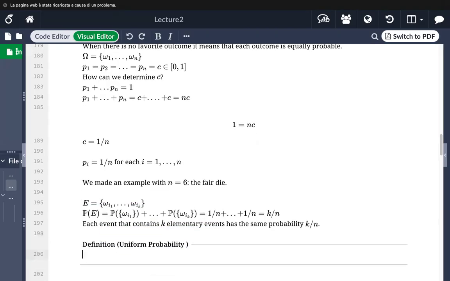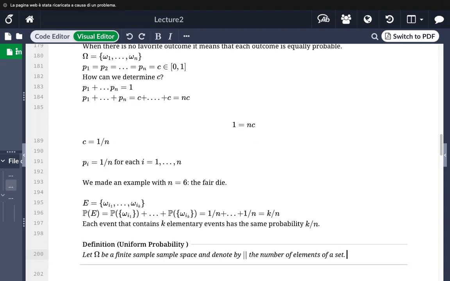And let me put it in a fancy way. So let omega be a finite sample space, and denote by this modulus the number of elements of a set.